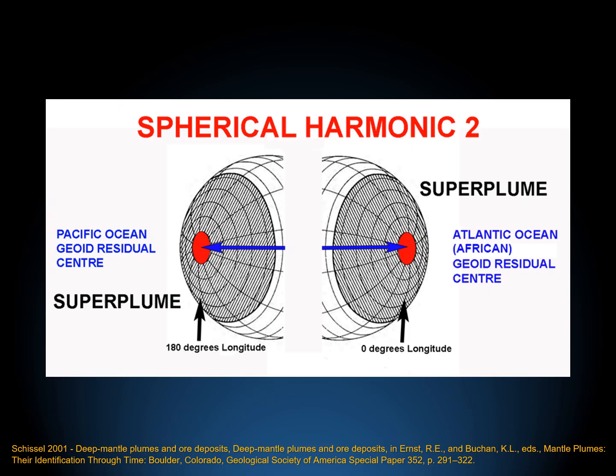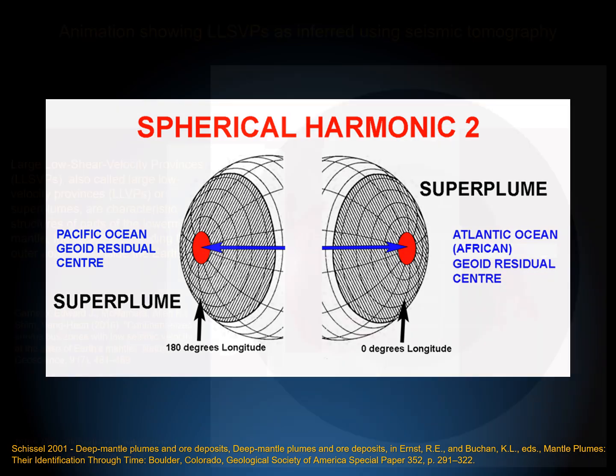However, Shishkel and Smale shows that spherical harmonic 2 is orientated east-west, coinciding with the equator of the Earth. As well, the spherical harmonic 2 geoid residual centers occur on exactly opposite points of the Earth along the equator. They are exactly 180 degrees longitude apart.